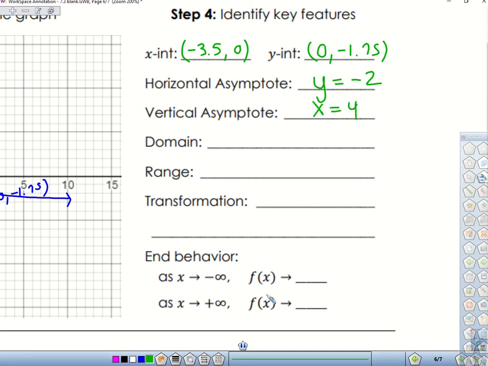Now to find your domain and range, we're simply following the formula. The formula for domain is negative infinity, comma, your h value.